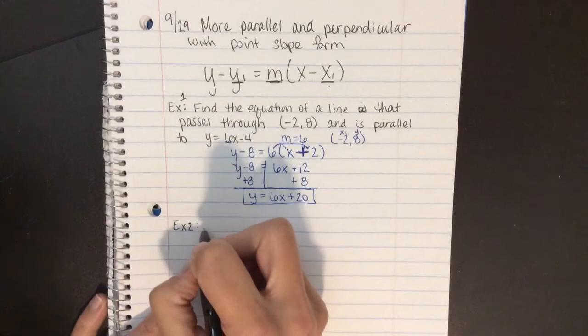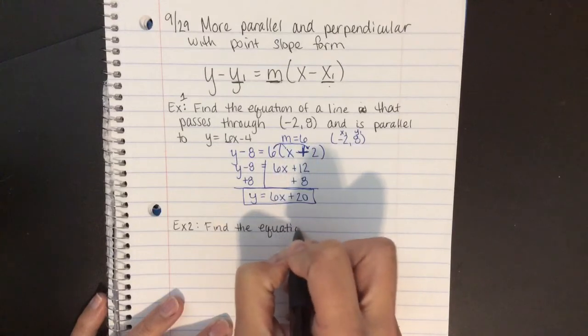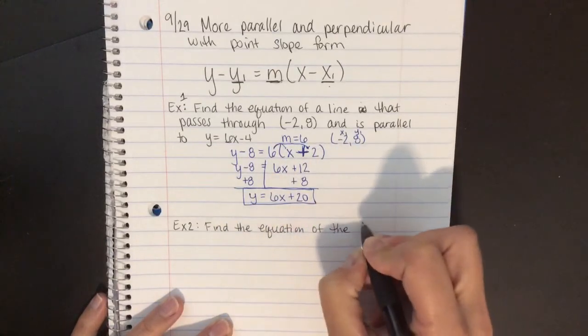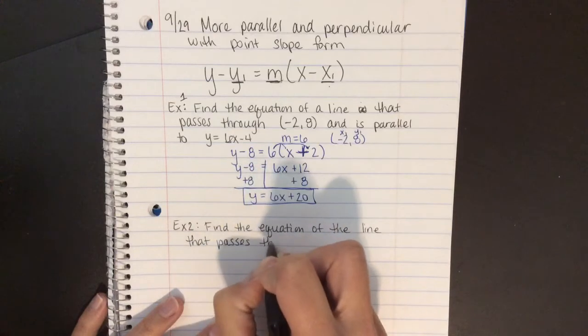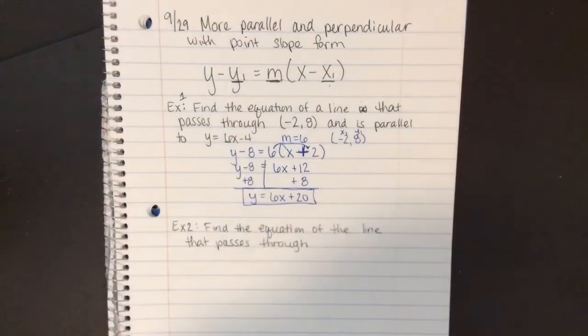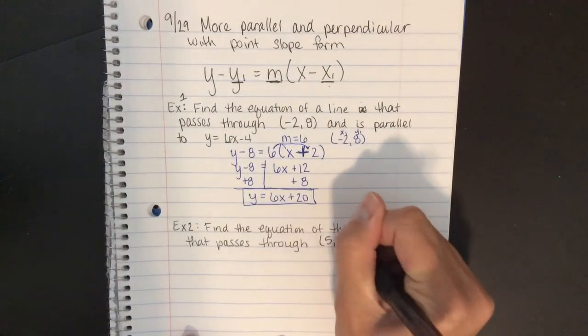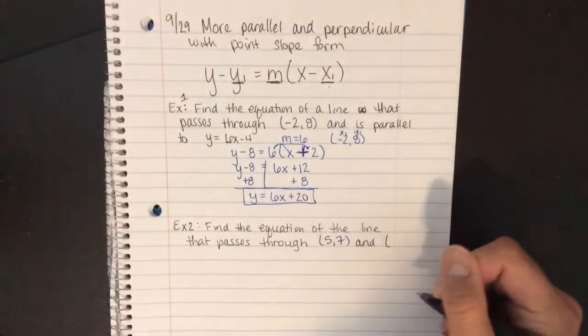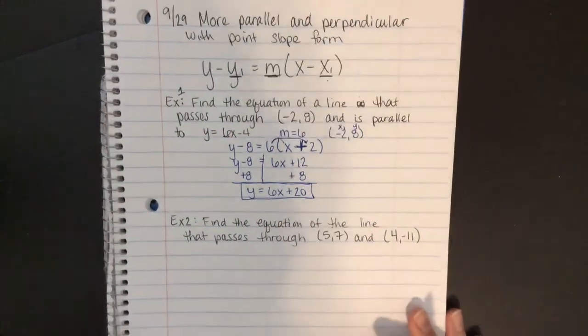Let's do: find the equation of a line that passes through, and I'm going to give you, let's see, 5, 7, and, let's see, 4, negative 11. I was trying to get a nice example for us. I didn't want to make it too ugly.